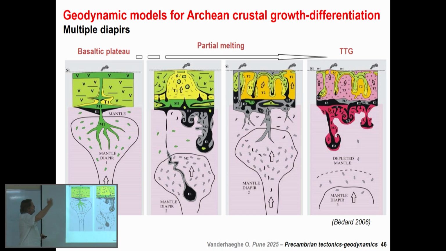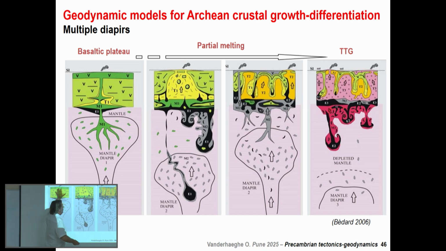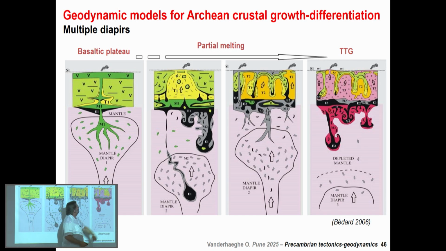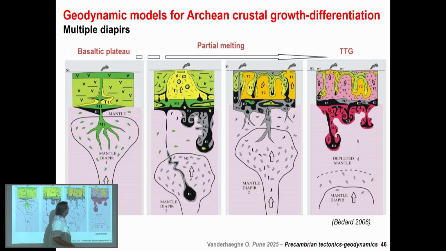accretion of mafic and then a slow differentiation from a more mafic to a more felsic crust, from green to pink. But it requires also to get rid of the residue, because we don't find that residue obviously in the crust. Today it's difficult to identify those mafic rocks that would be the residue after segregation of the felsic one.